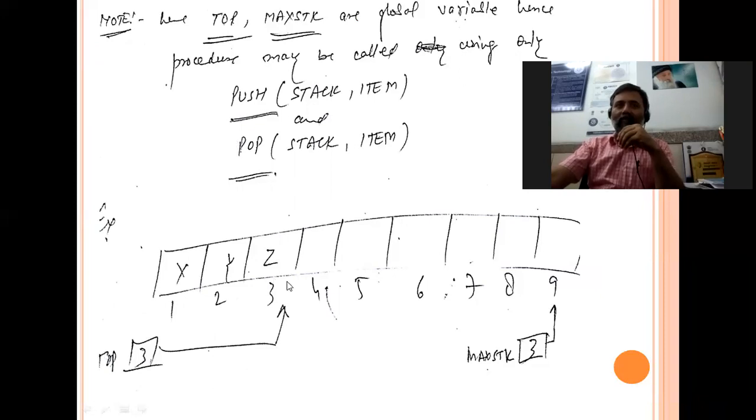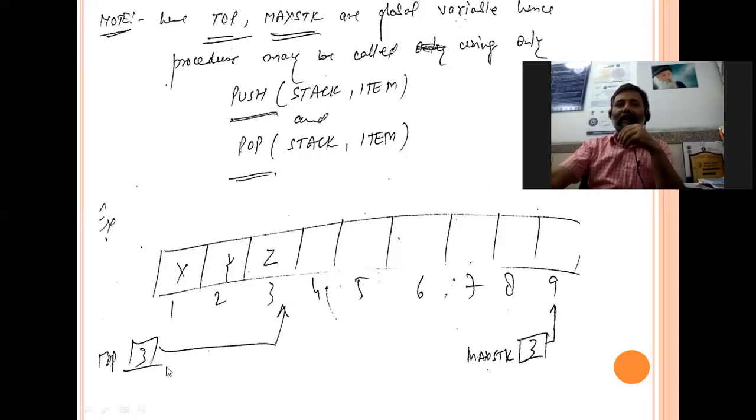So the value of top is 3. Top will hold the index value. Suppose we want to push another item, then the value of top will be incremented from 3 to 4. 3 plus 1, that is 4, and here the value will be pushed.